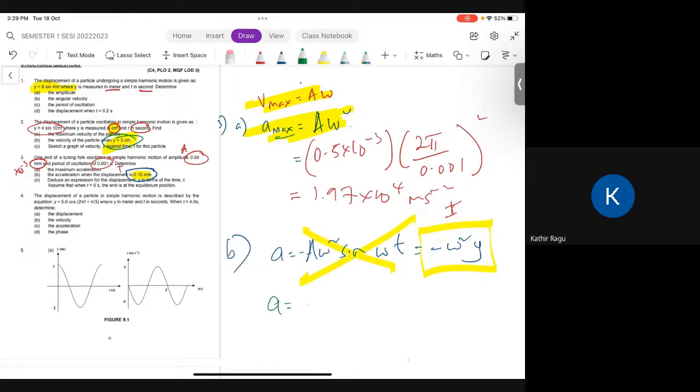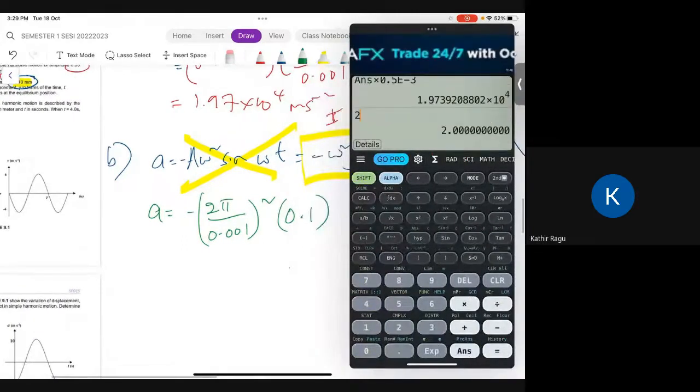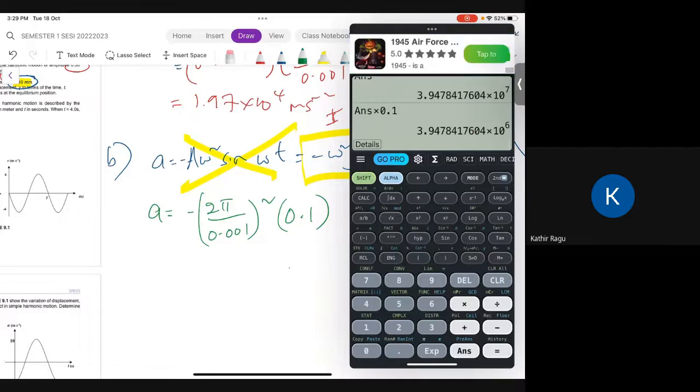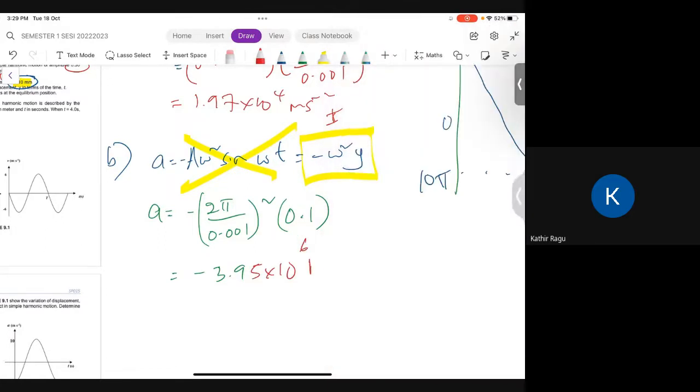So A equals negative omega squared y, omega is 2 pi over 0.001, squared, y is 0.1. So your answer is negative 3.9495, 3.95 times 10 to the power of 6, unit ms negative 2. So that is the answer.